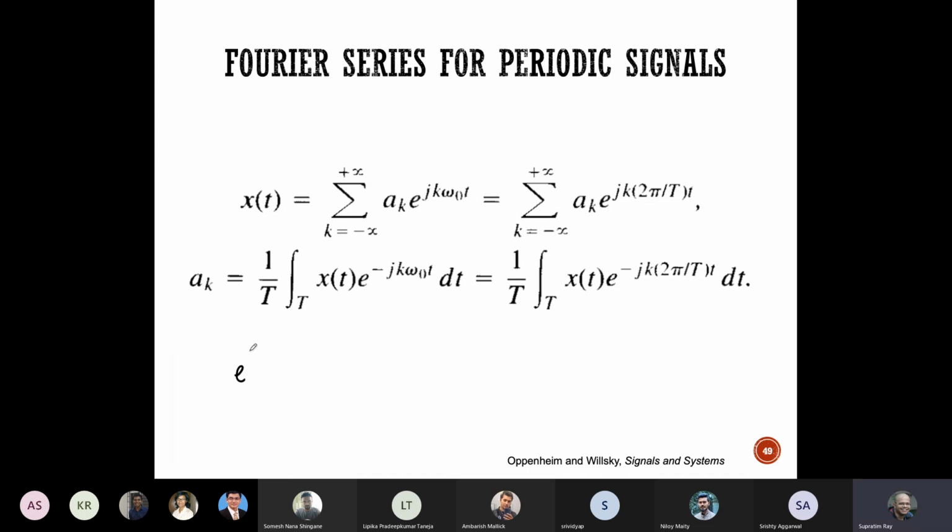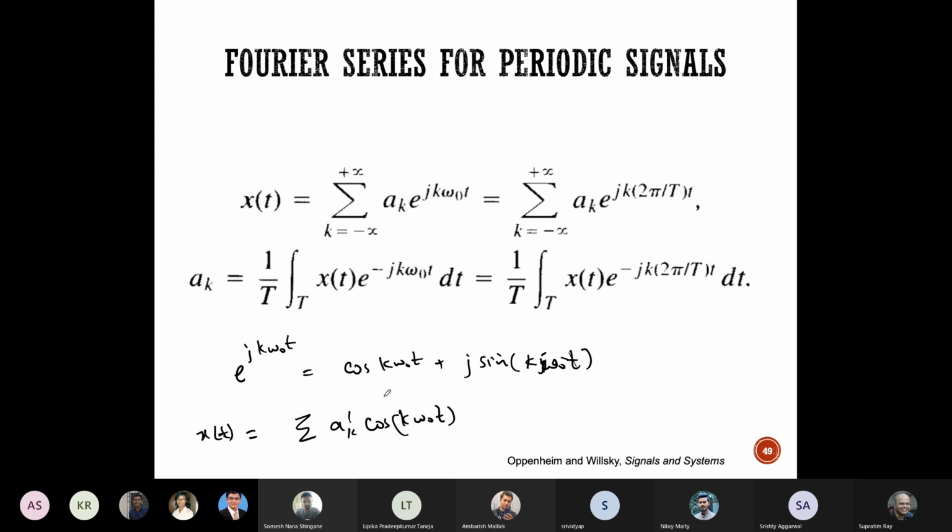So e to the j k omega naught t can be written as cos k omega naught t plus j sin k omega naught t. So your x(t) would be represented as a summation of some coefficients with this, plus some other coefficients with this.